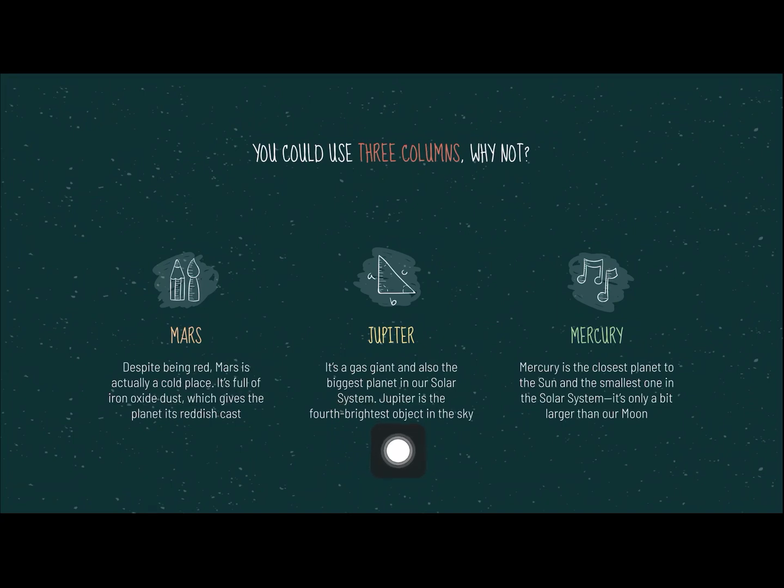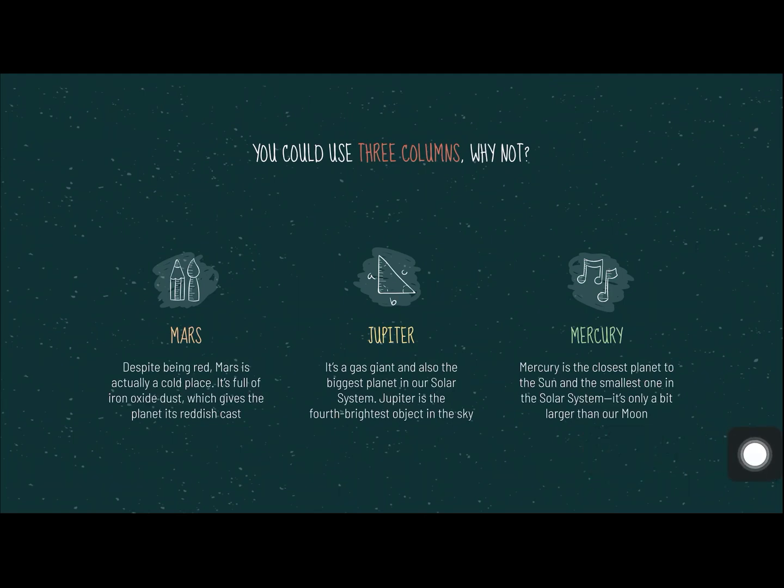Jupiter is the fourth brightest object in the sky. And Mercury. Mercury is the closest planet to the Sun, so it is nearest. And the smallest one in the solar system, it's only a bit larger than our moon. Notice the contraction, notice the position, the order.